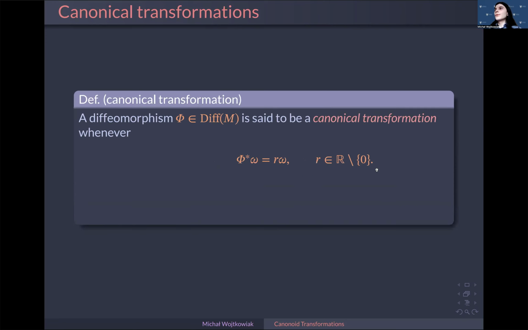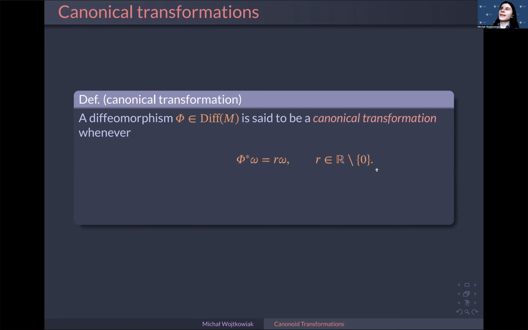Now, the well-known notion of canonical transformation in this regime is simply formulated as a diffeomorphism on the symplectic manifold which preserves the symplectic structure up to some non-zero scalar. Depending on the value of that scalar, we distinguish two classes of canonical transformations.